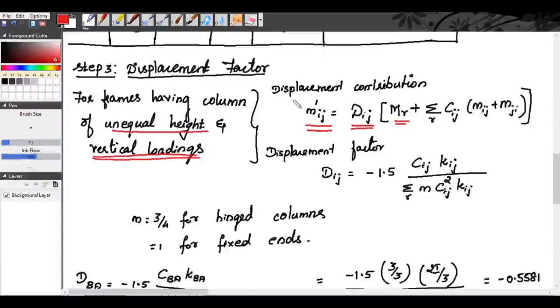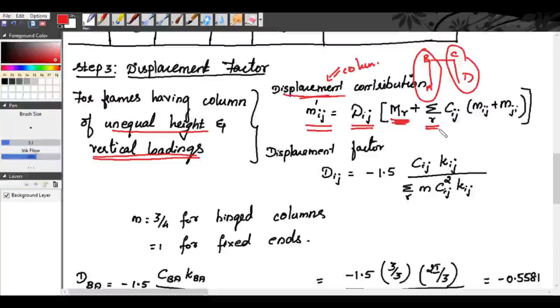I told you earlier, displacement is with respect to column. So, if you have A, B, C, D, displacement is with respect to the column AB and the column CD. So, MR means the moment of this column, right? Plus sigma R, the summation of all the columns of the particular story into Cij into Mij plus Mji.